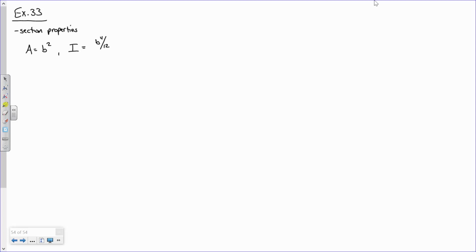So I over A is b to the 4th over 12b squared, which is b squared over 12, and r is the square root of I over A, which is b over the square root of 12.